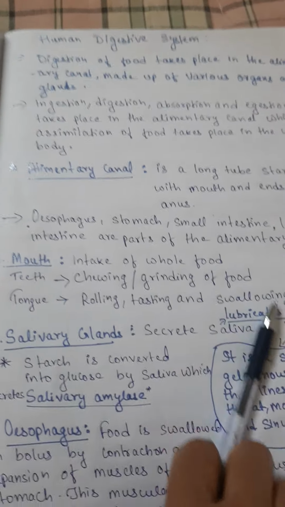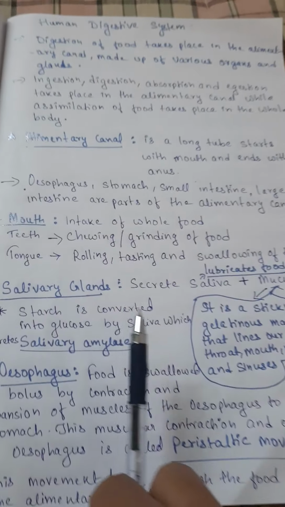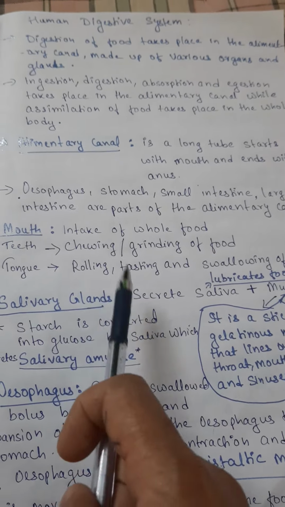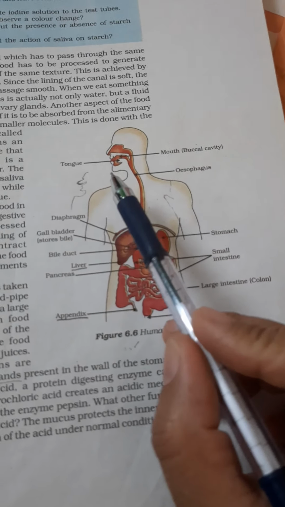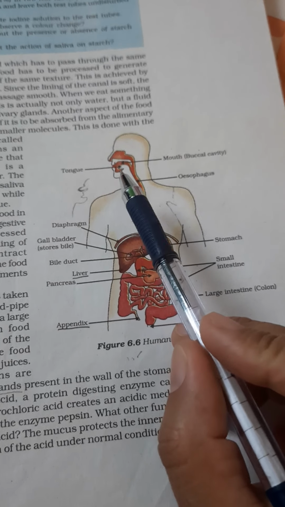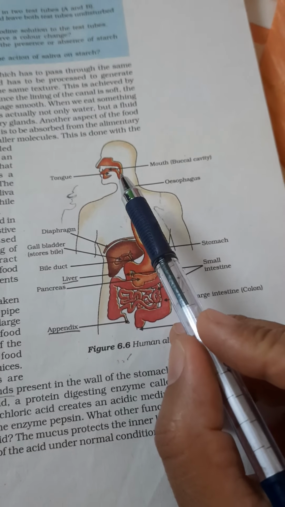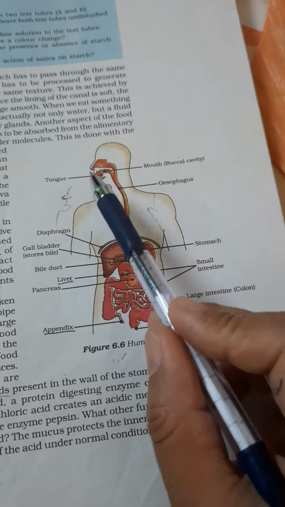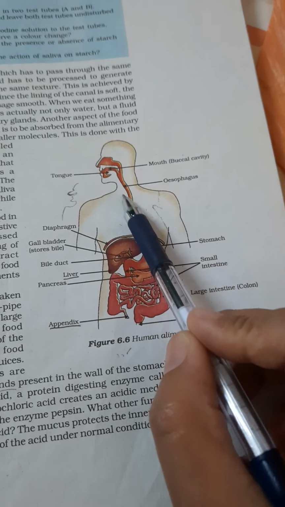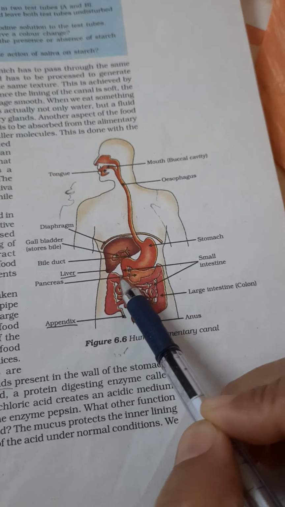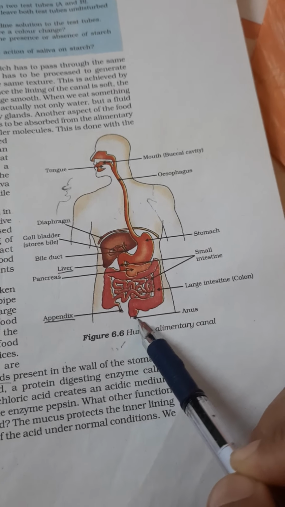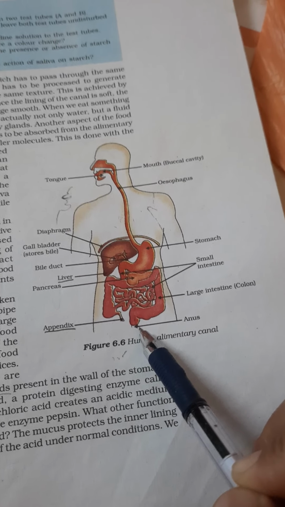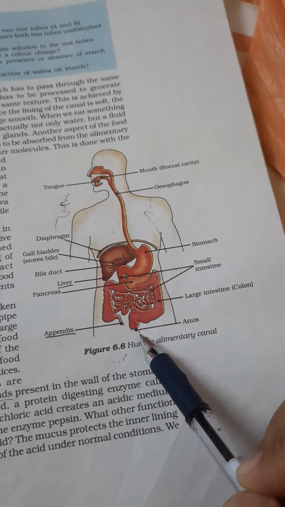Firstly, we will learn about the alimentary canal. Just look at it in the diagram. The alimentary canal is a long tube which starts with the mouth and ends with the anus. That means from the mouth it goes here, then comes the small intestine and large intestine, and lastly here. Now, this is the alimentary canal. It is a long tube.